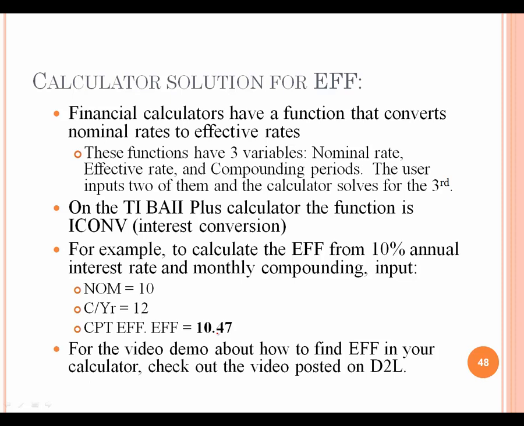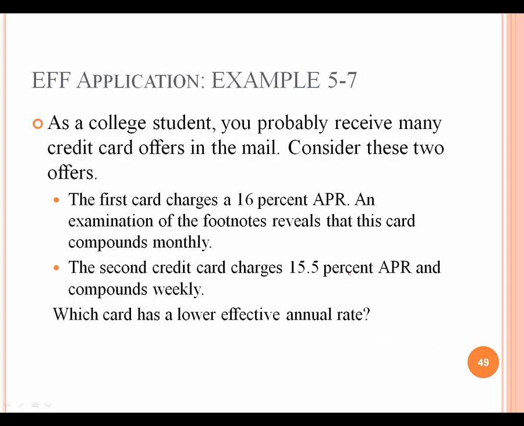So let's look at another example about the EFF. If you are a college student, you get all those credit card offers, and if you have one card that charges 16% APR and monthly compounding, and you have another credit card that charges 15% APR and weekly compounding. And by the way, weekly means 52 times a year, right? So then the question is, which one has a lower effective annual rate?